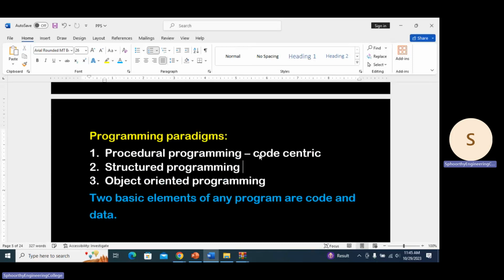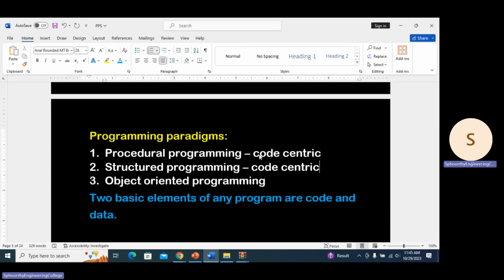And structured programming is also code centric, means importance and emphasis is given to code, not to the data. The common point between procedural and structured programming is both are code centric. The difference is, in structured programming, you have a well defined structure for your program, and there is a concept of dividing the problem into small modules.